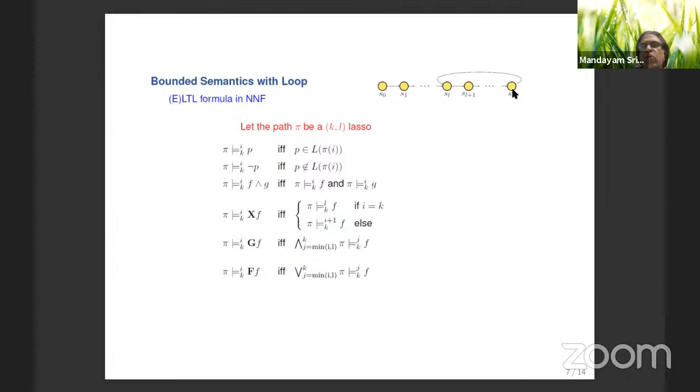After that, you know it is true for G of F. If F is satisfied by a path starting from S naught, S1, SL, all the way to SK, you're done because you know that what follows after SK is SL, which you already checked anyway. So just looking at S naught to SK is good enough, and that's how it is defined.